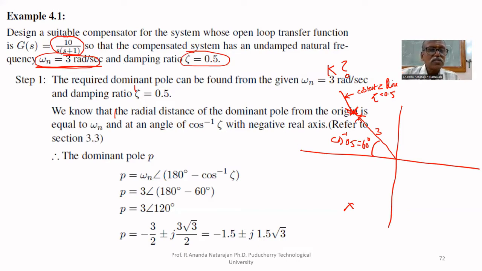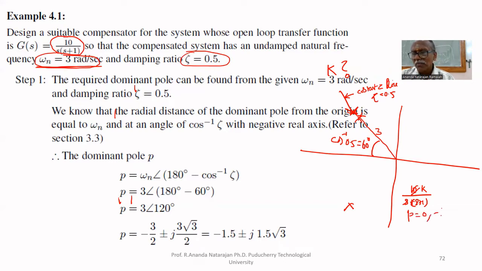Now draw the root locus for the given system, which is 10 / (s(s + 1)). But while drawing the root locus, we won't take any gain; K will be taken as the gain. We have to vary k from 0 to infinity and draw the root locus, and it should pass through the given point.